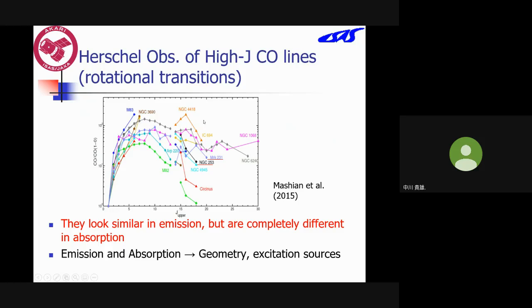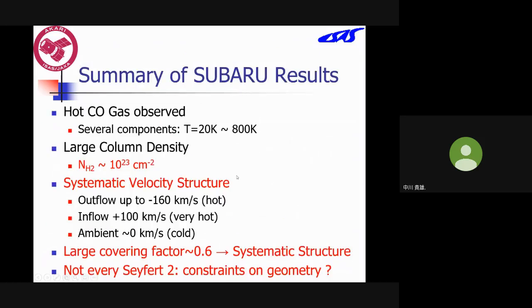But they are completely different in absorption. Only ULIRGs show the high J in absorption, but not the starburst and not Markarian 231. So we are looking at a very good hint of the geometry, which cannot be traced in emission. So the absorption is really complementary with the emission observations.